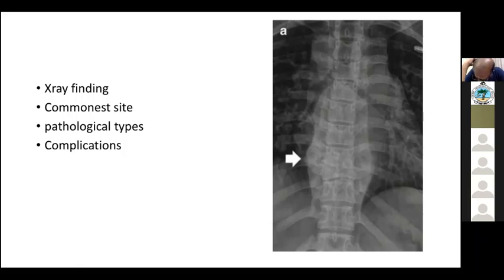Medial arcuate ligament, lateral arch. Median is the aorta and the inferior vena cava. Medial is the psoas, and the lateral is the quadratus lumborum. So through this, the pus will track downwards.